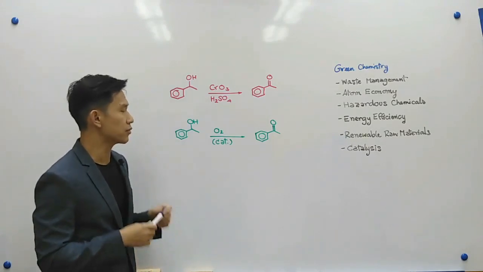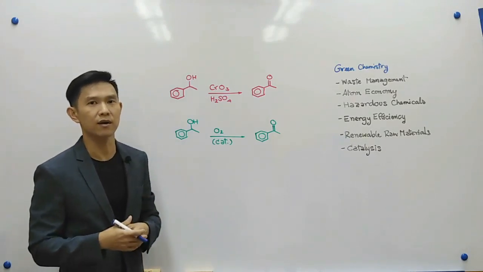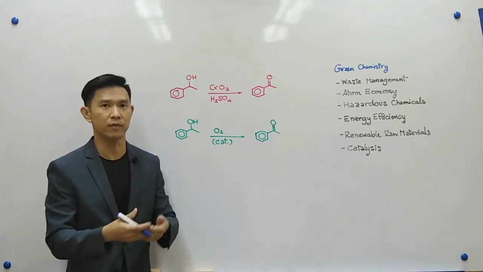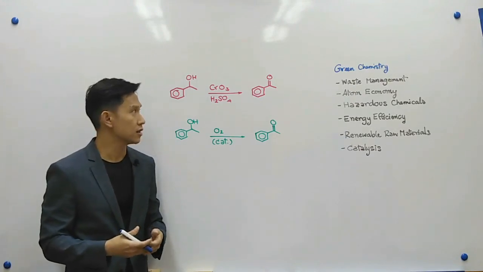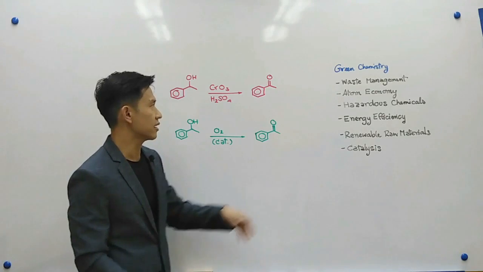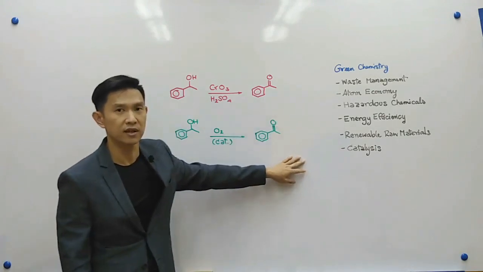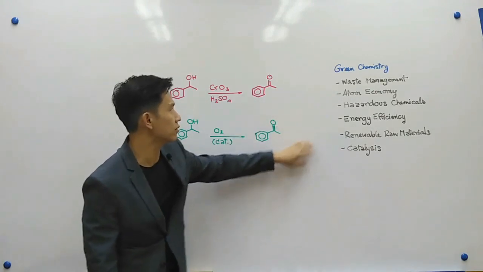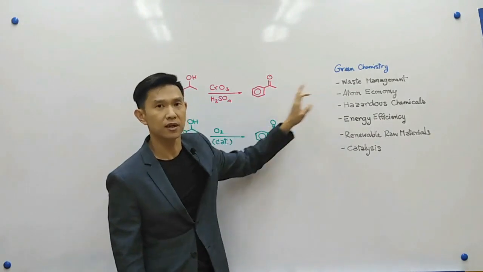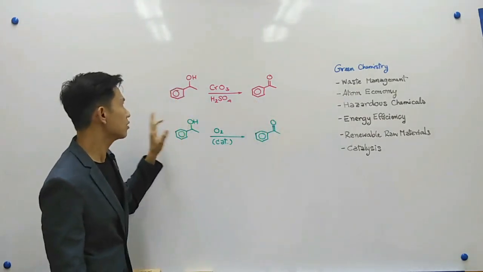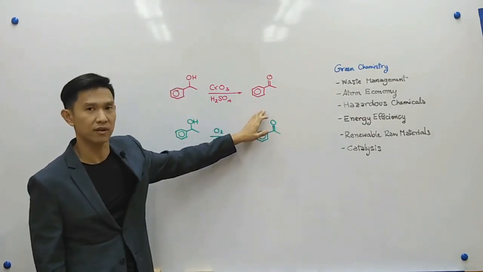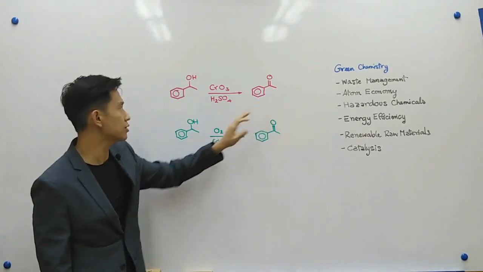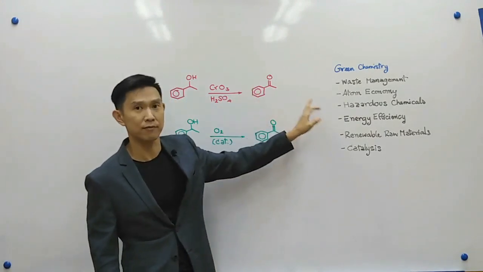The green chemistry is talking about how you can manage this in a safer way for your environment. As I said, there are several categories here. Let's talk about the first one, waste management. Because in this reaction, not only your ketone is produced, but also there are byproducts.